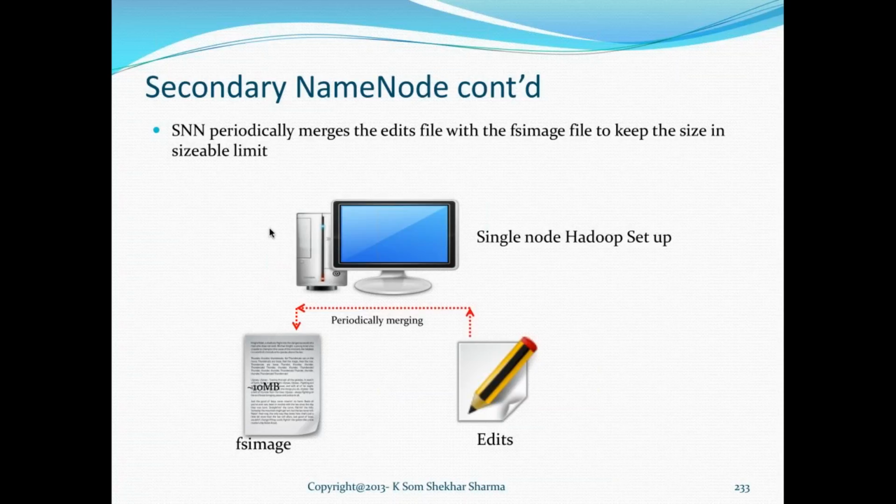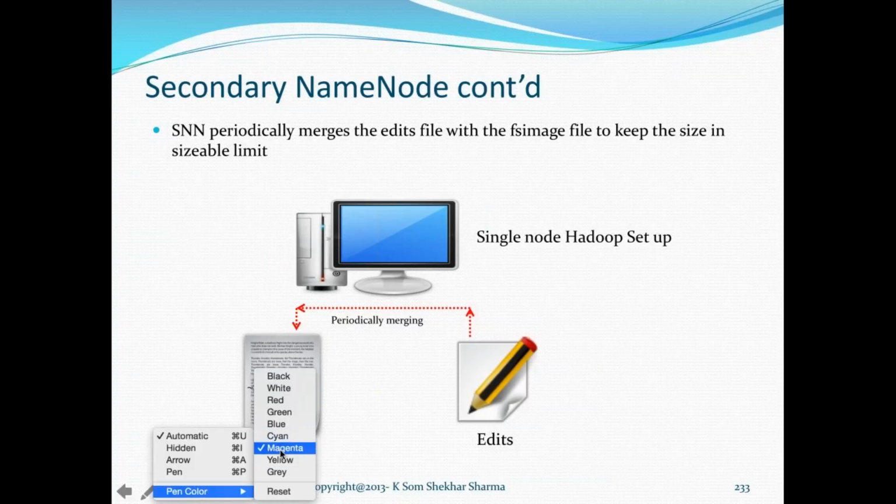That's it. If it is running on some other machine, it will take a copy of the edits and the FS image file, merge them, and then push the result back to your name node.